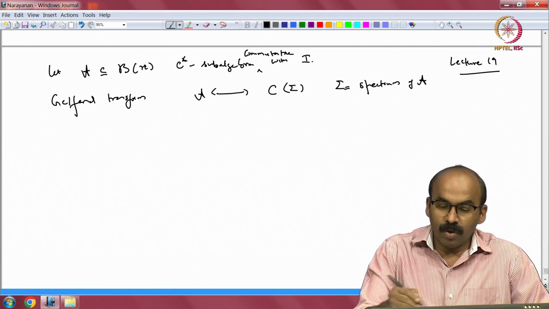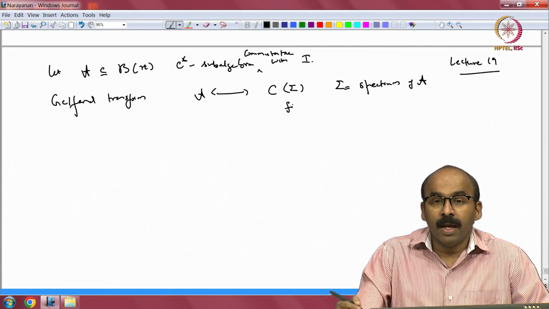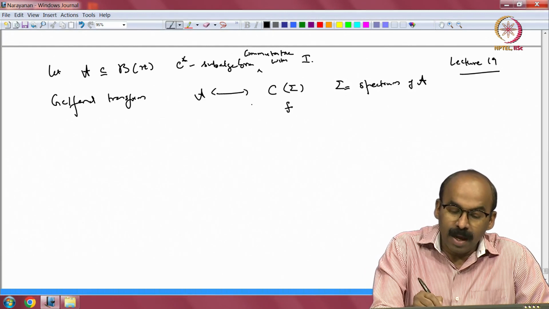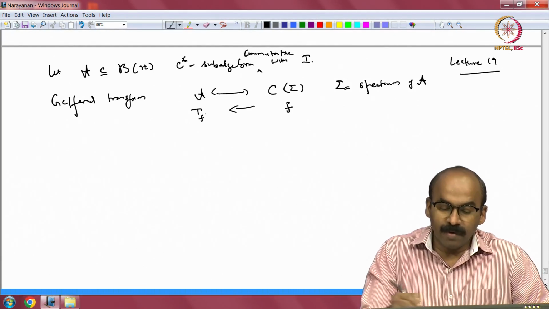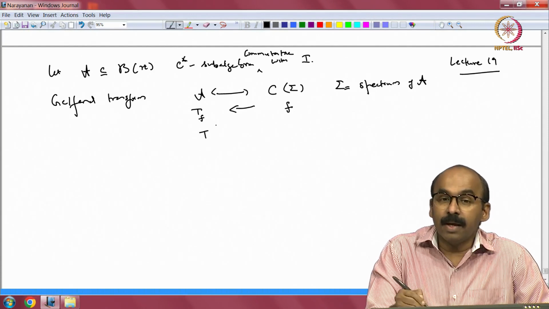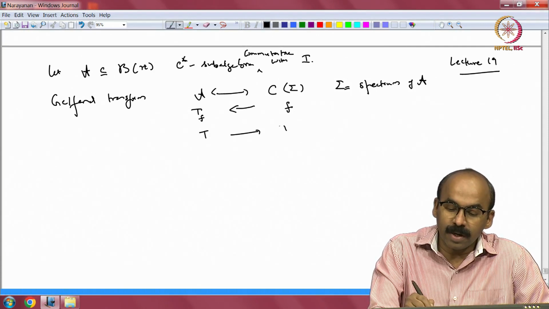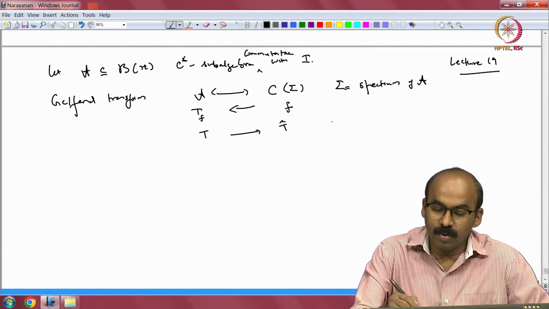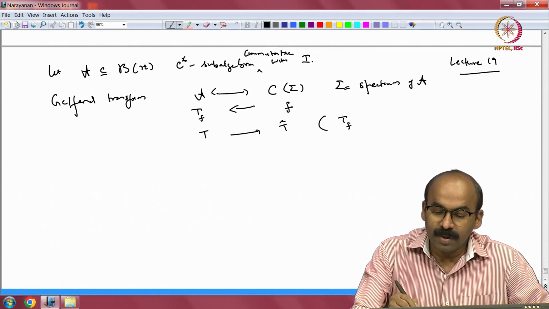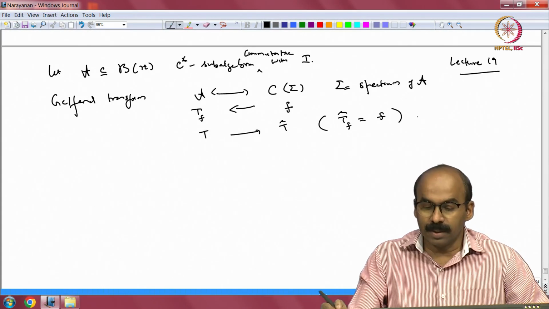And using this, if I take a function f in C of sigma, I have an operator which is T sub f, right. And if I have an operator T here, then the Gelfand transform is a continuous function T hat, right. So, that is the identification, right. In other words, if I take T f and look at the Gelfand transform, I should get back my f, right. So, that is the Gelfand transform.